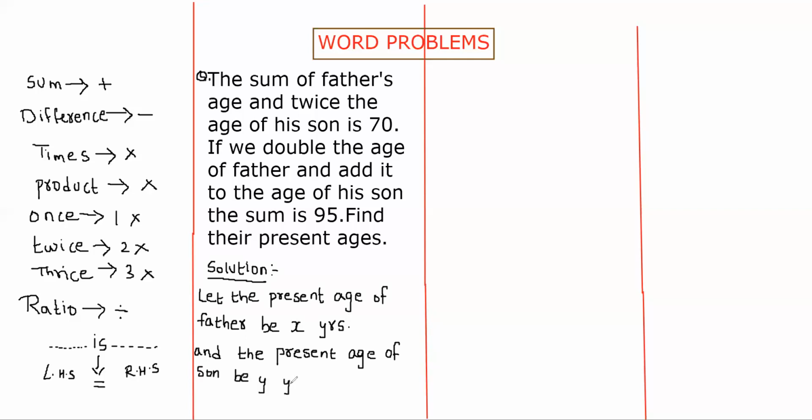Now, as I've said earlier, in this type of sum, we should have two conditions to form two equations. So after assuming x and y, our next step is according to the first given condition.